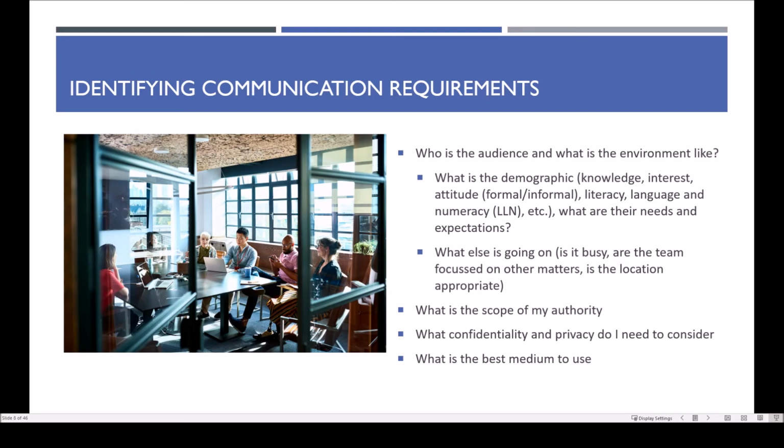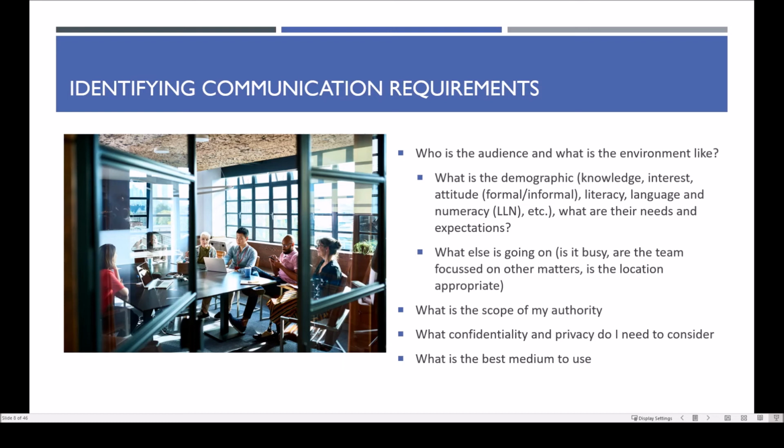We come from quite a mix of characteristics and backgrounds, and each of us brings a different mix to every situation that we interact with. When we're communicating with individuals and teams, we need to be highly aware of this, because that's going to shape the way that we communicate to be effective.